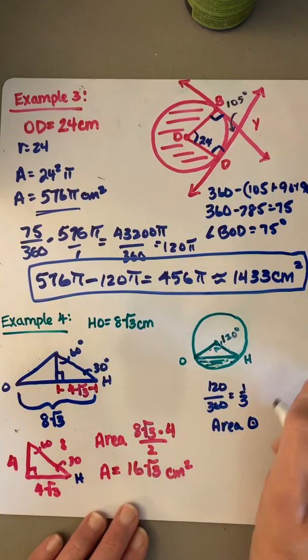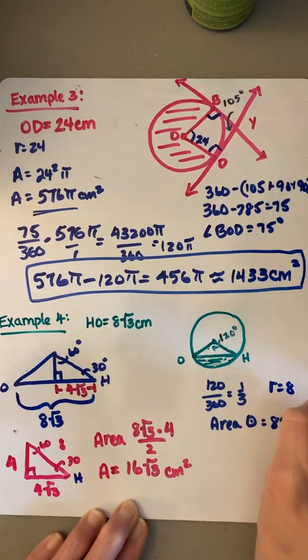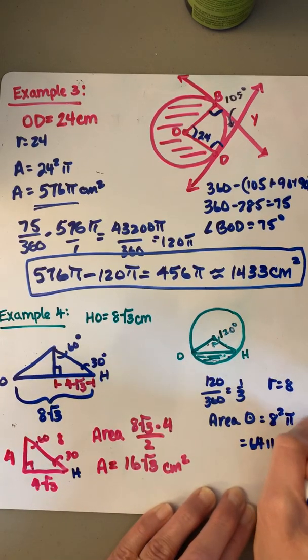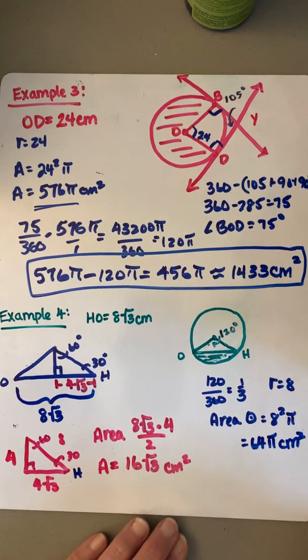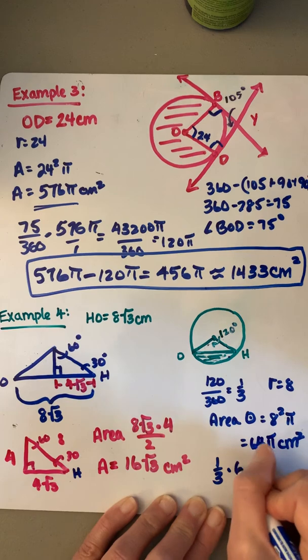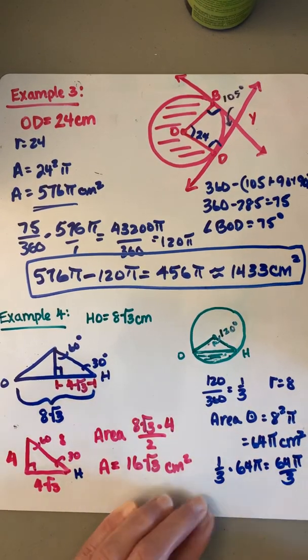We did need that. So the area is going to be 8 squared pi, or 64 pi square centimeters. Now we have to take that and multiply that by 1/3, and we get 64 pi thirds.